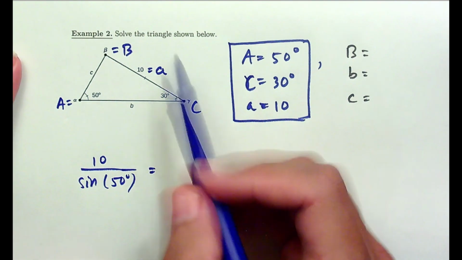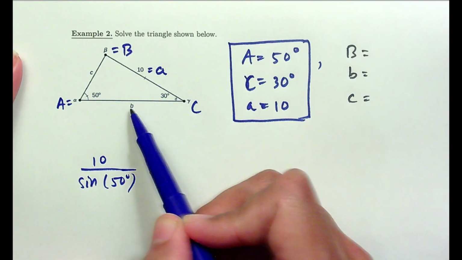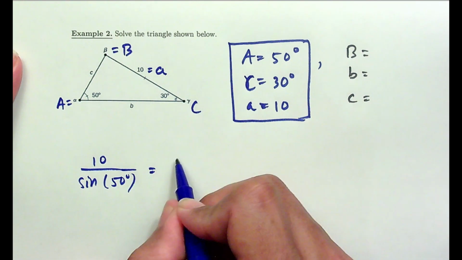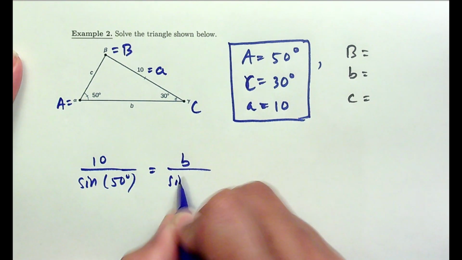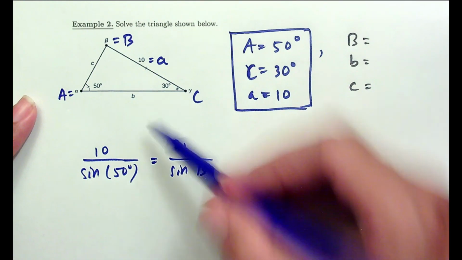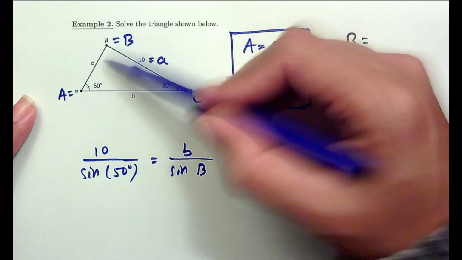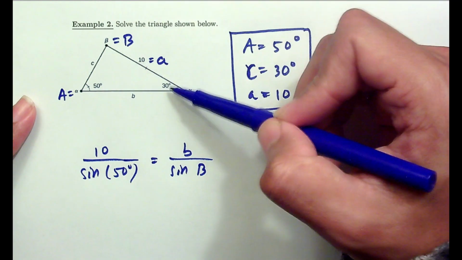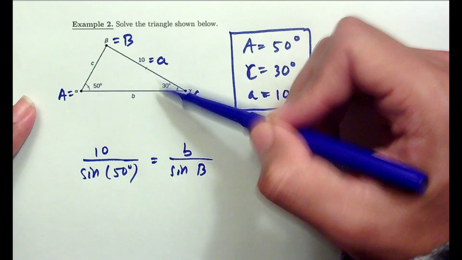So let's see. I can compare that with little b over sine of capital B. Well, I don't know what capital B is, but I should know at least one of these two. And capital B, even though I don't know it, I can figure out really quickly because we have two angles.